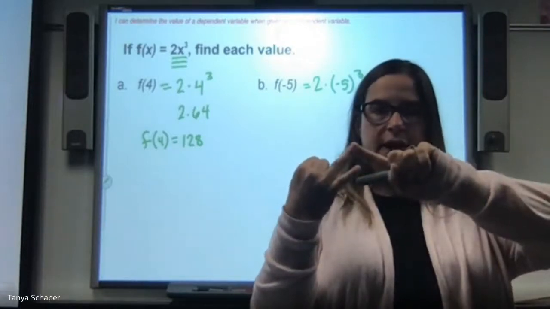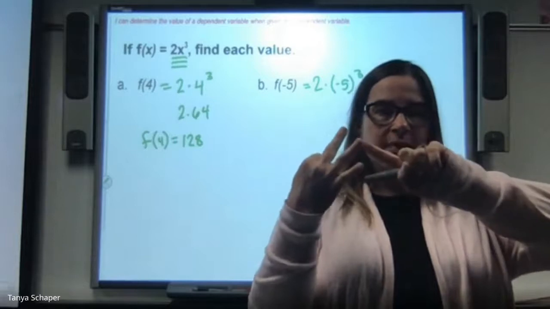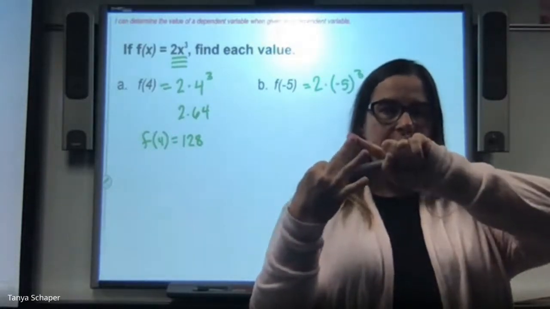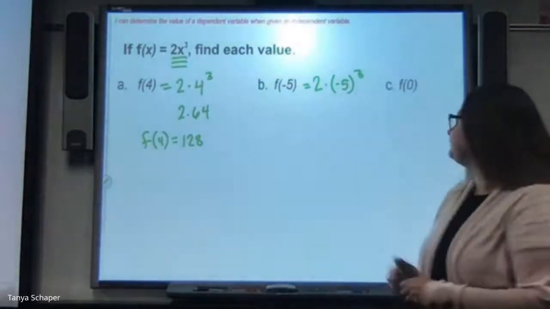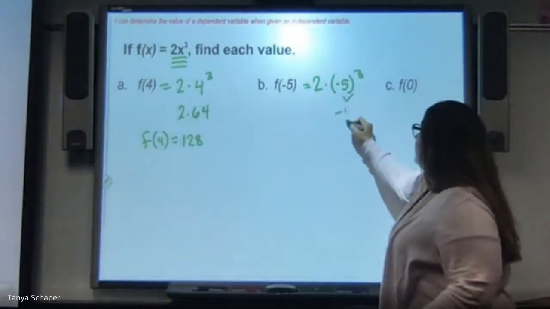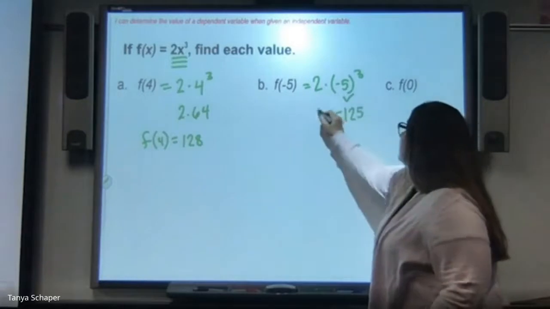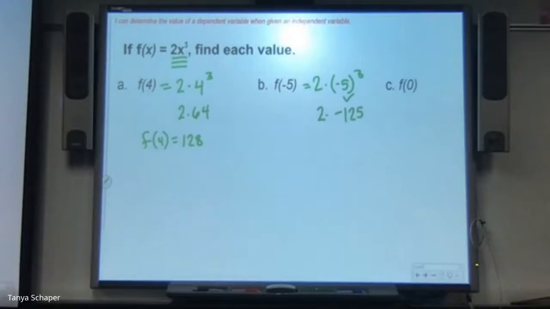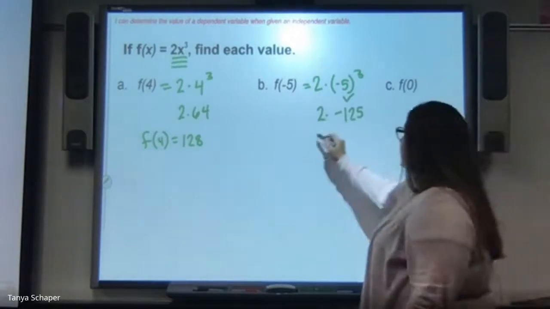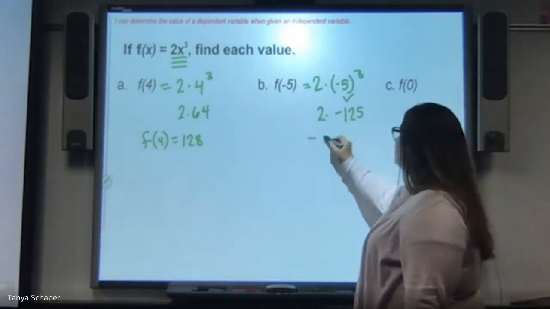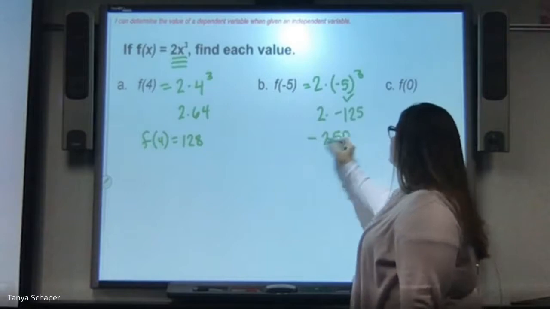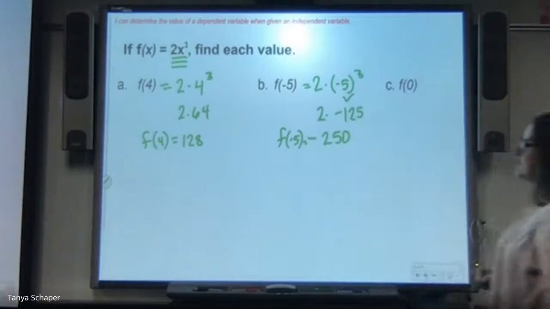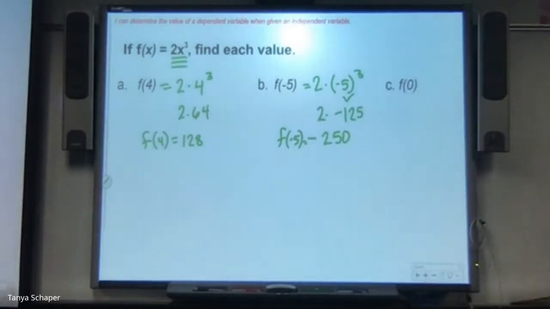And then 25 times negative 5. Positive times negative is negative. 25 times 5 is 125. So this is negative 125. So 2 times negative 125. Positive times negative is negative. Double 125, we get 250. F of negative 5 is equal to negative 250.